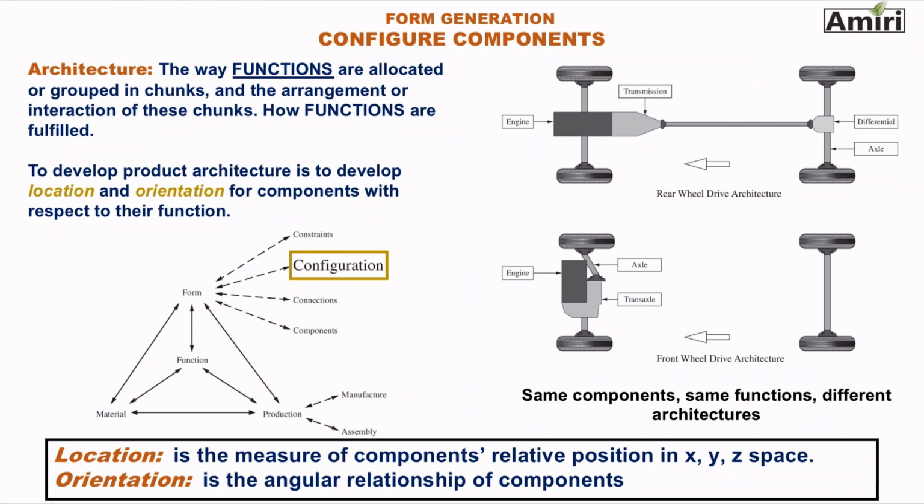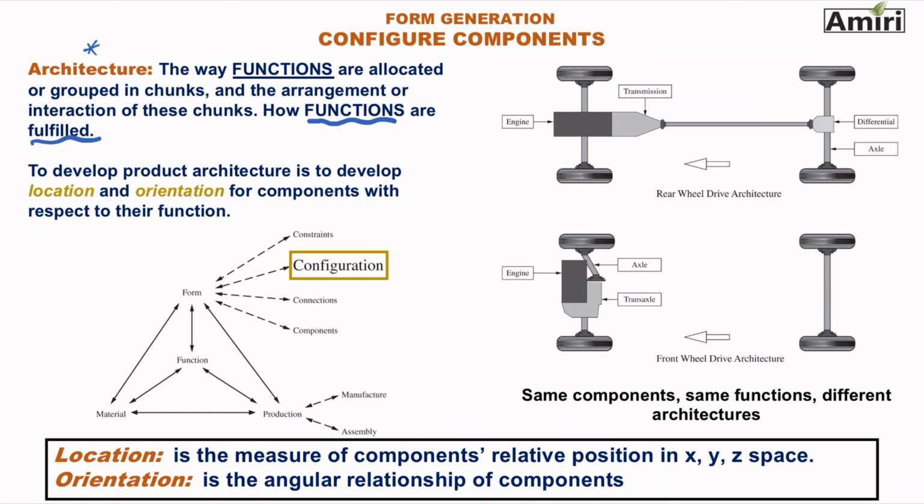Again, a reminder of the definition of architecture: how you allocate or rearrange functions and assign them to physical building blocks or chunks, and how functions are fulfilled throughout your chunks and your physical elements. For the components that you develop, you figure out the location and orientation of those components, and that determines the architecture and how they go together.